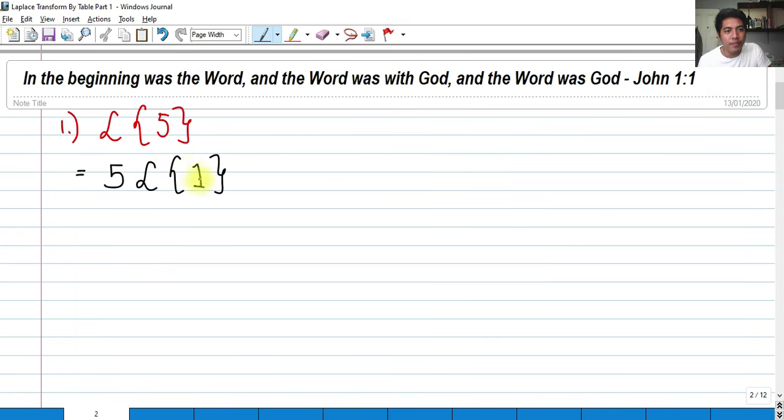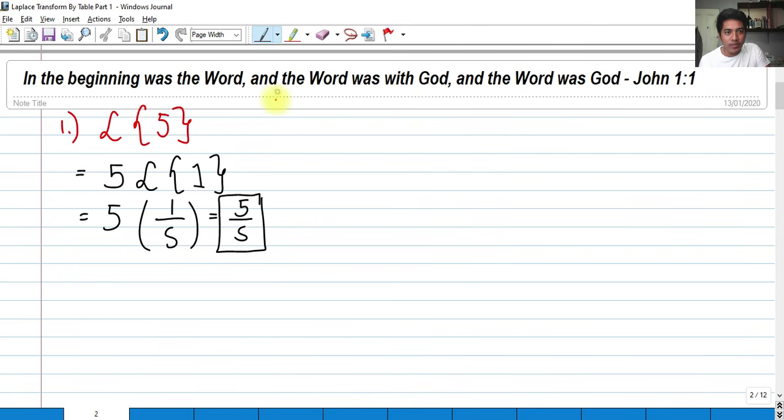So this would become 5 times the Laplace of 1. And we know that the Laplace of 1 is simply 1 over s as per our table. So if we evaluate this, it should be 5 over s. That's very simple. Whenever we evaluate a Laplace transform of any constant, we simply divide it by s.